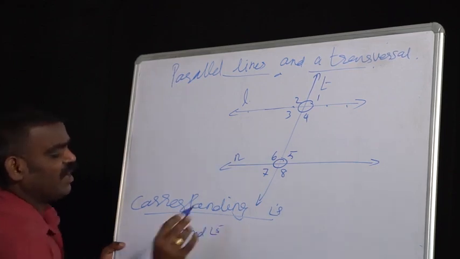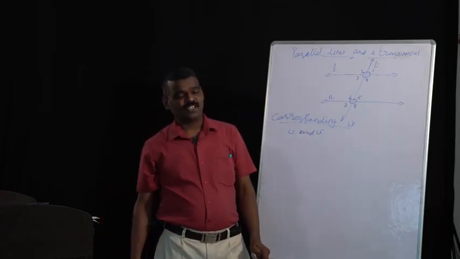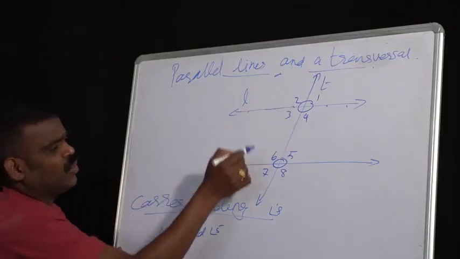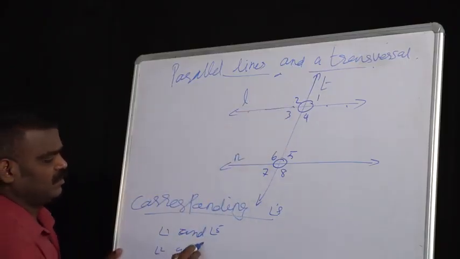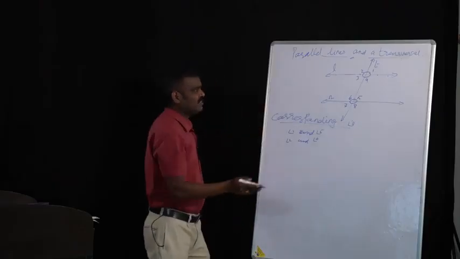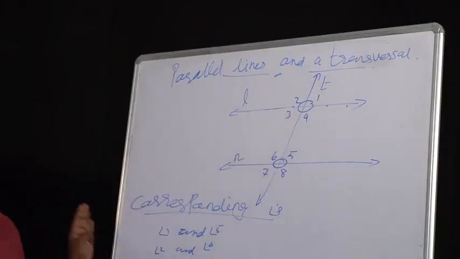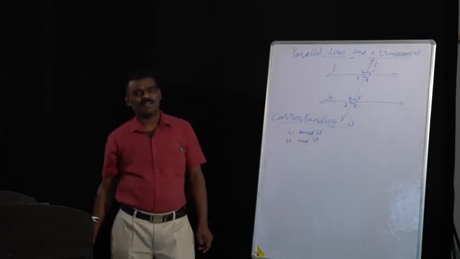So angle 1 and angle 5 are what angles? Corresponding angles. What about angle 2 and angle 6? Two is also on the left side, above the parallel line. Am I right? The position is very important. So angle 2 and 6 are also corresponding.